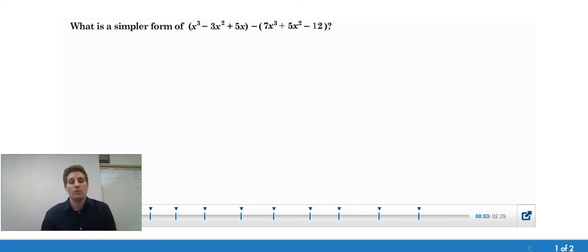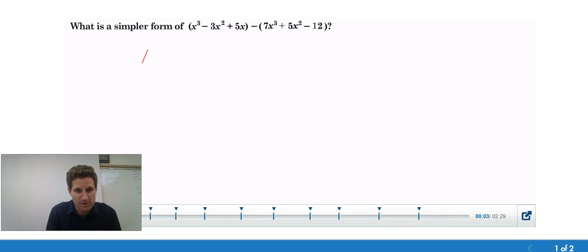Okay, and last but not least, we can add and subtract monomials, single terms, so we can also do it with polynomials. So this is going to be our last problem. What we can do is take this, what would be a cubic trinomial, because it's 3 terms, in standard form. And this is also in standard form, a cubic trinomial. And we can actually go ahead and subtract these.